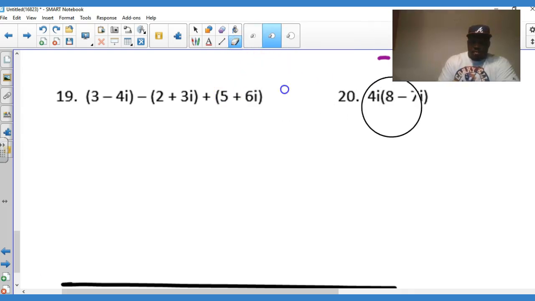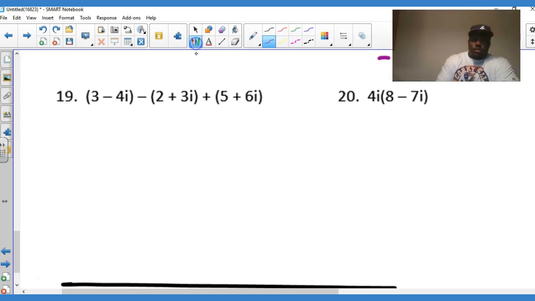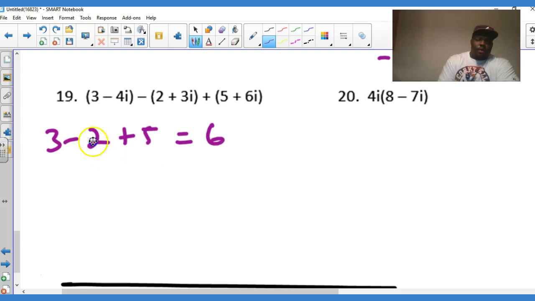3 terms this time. Nothing changes. I have 3 minus 2 plus 5. All right. So 3 minus 2 is 1. 1 plus 5 is 6. Then I have negative 4i minus 3i plus 6i.